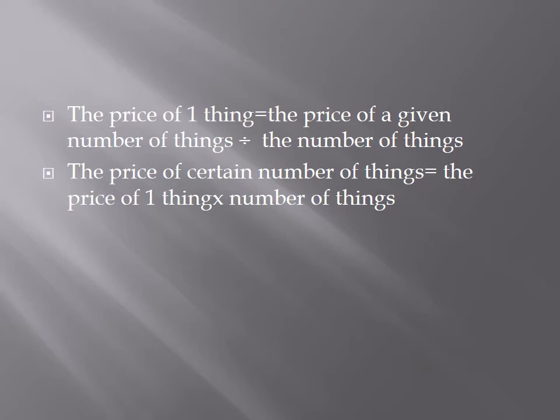The price of one thing is equal to the price of a given number of things divided by the number of things.